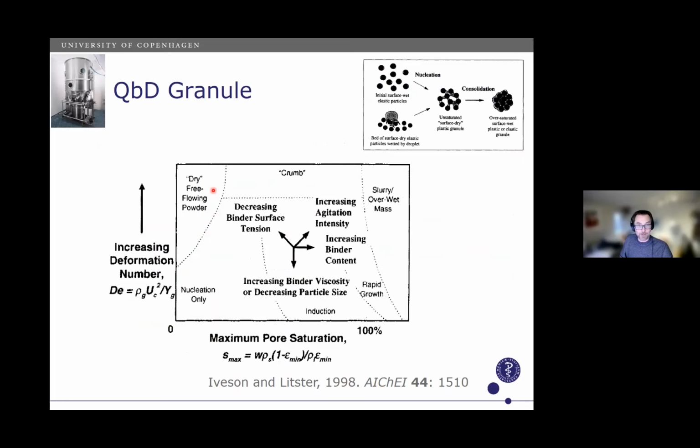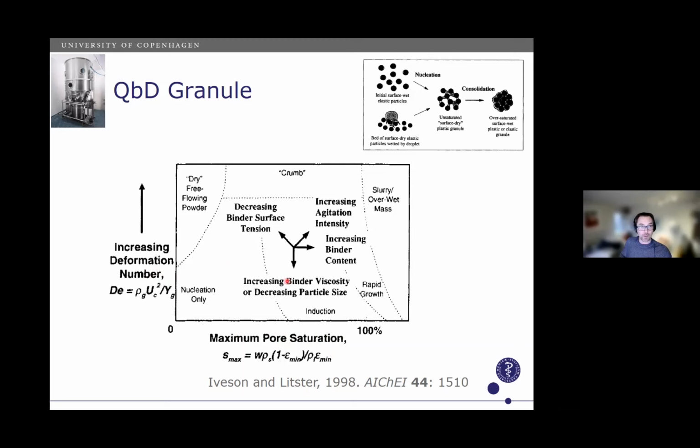While doing this, you might need to build up some more detailed analysis of the system. For example, look at the porosity of granules during granulation, then look into pore saturation of systems, and how material is deforming during the granulation process.